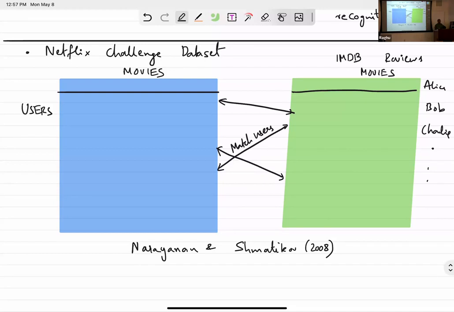Okay. And now this is a privacy break, right? Why? As I said, maybe Charlie only wanted to rate or reveal how much they liked or disliked Disney movies. But now this data set might have many, many movies which were meant to be private, but are now known to everybody.